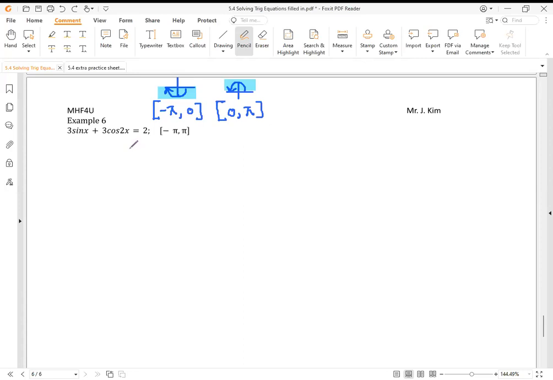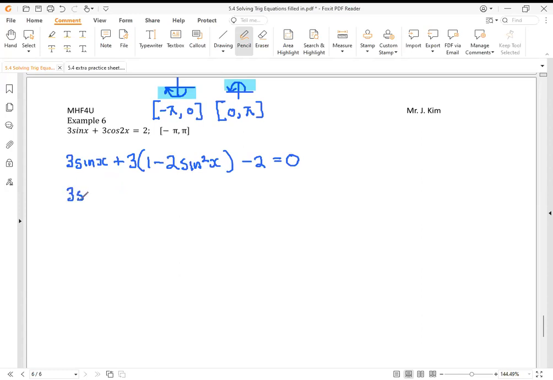I'm going to try. So we have 3 sine x plus, since this is sine, maybe I will turn cos 2x into a form of sine as well. 1 minus 2 sine squared x, and how about I do just minus 2 equals 0. Let me open this up. I will simplify it.